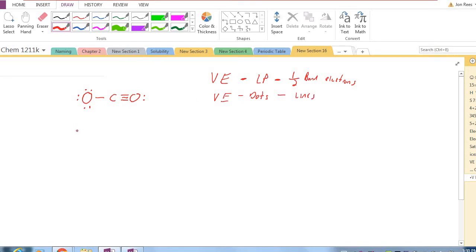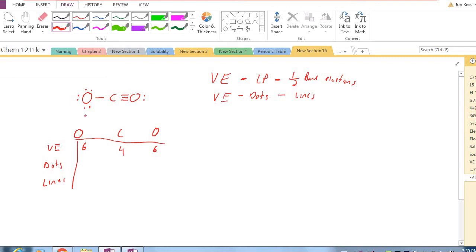And so here we have oxygen on the left, carbon, and oxygen on the right. Let's go through and calculate the formal charge for each of those, using the valence electrons, dots, and lines. Oxygen has 6 valence electrons, carbon has 4 valence electrons.